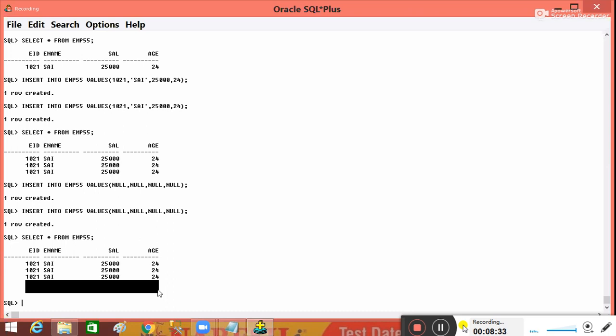But what is the use of accepting nulls? Next, suppose you are inserting some data: 1022, name Alan, salary 1 rupee, age 36,000. Here in the age column I'm inserting 36,000 years of age. But tell me guys, has any human being lived that many years?